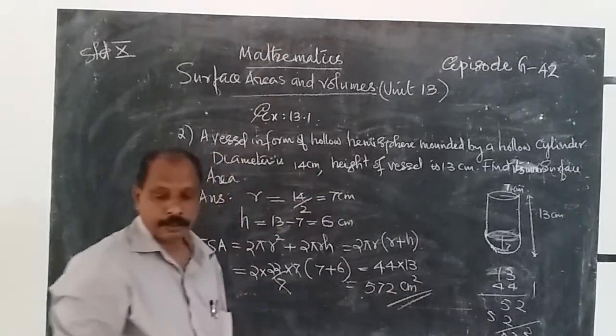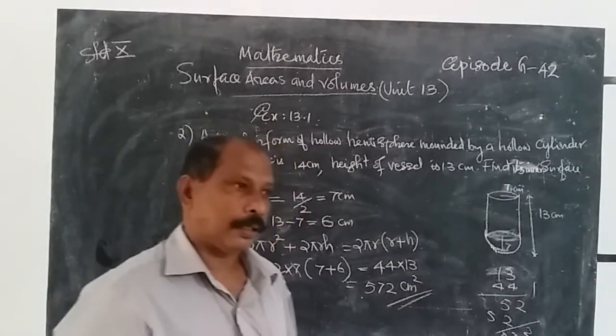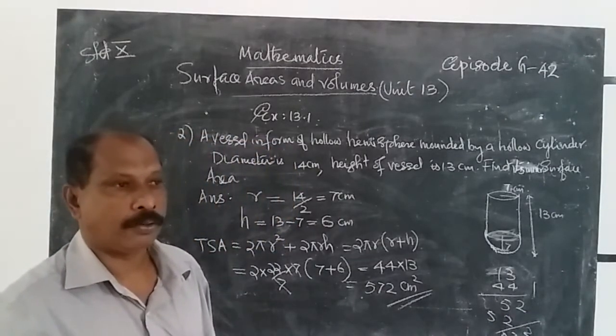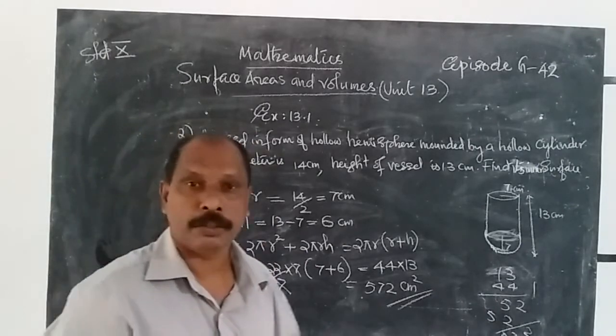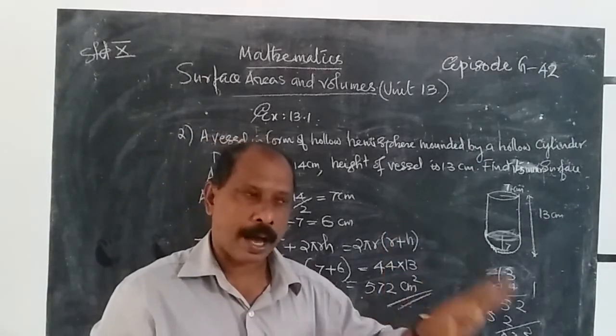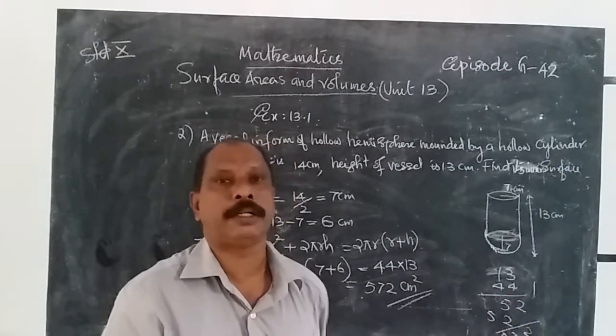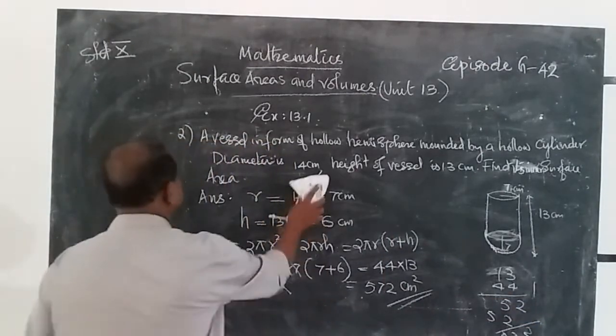That is the curved surface area of the inner surface of that combined solid. Clear? Therefore, r is 7, therefore the value is 7. That is the answer.